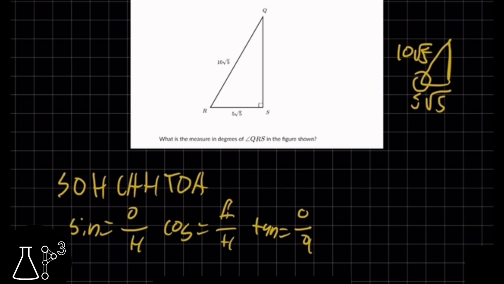Now to understand how this actually works, let's draw another triangle over here. Oh, that's a horrible one, sorry. Yeah, I'm bad at drawing. Another triangle here. And they're asking us for, let's say, ABC.